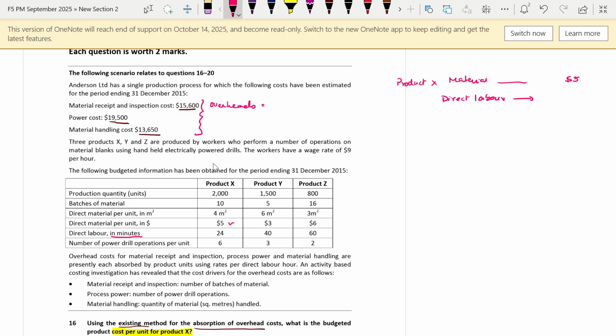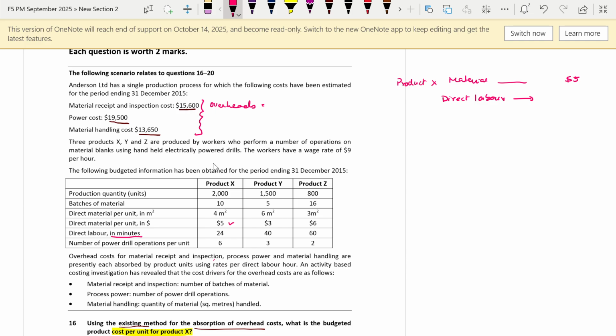Shall we directly take 24 into 4? No, how can we take 24 into 4? 24 divided by 60. We should convert into hours, is it right? That is in minutes.